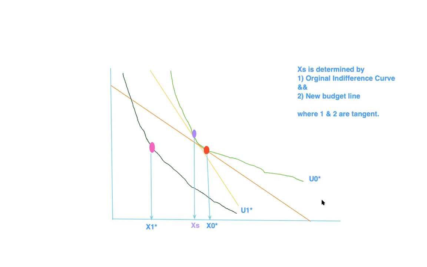But I do want to say for a minute that the point of this exercise is to try to answer the question, if we were to hold the consumer's real income constant, and notice that we're using their original utility level as a proxy of their real income.